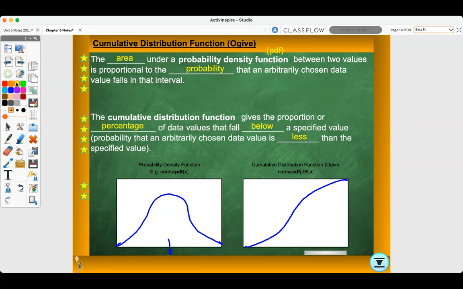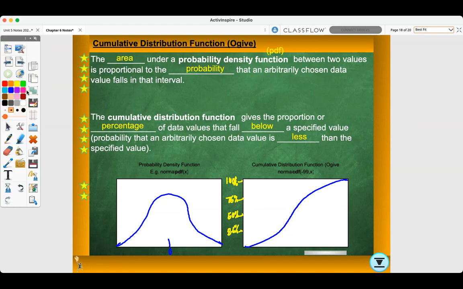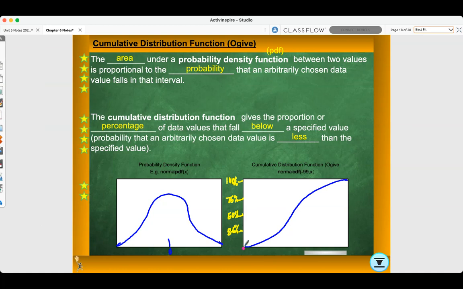And with a cumulative distribution function, 100% of the data values are at the top, 3/4 of the way is 75%, halfway is 50%, and then 25%. Notice that this splits it up into 4s. Down here, you would have your min, and up here, your last value would be your max.